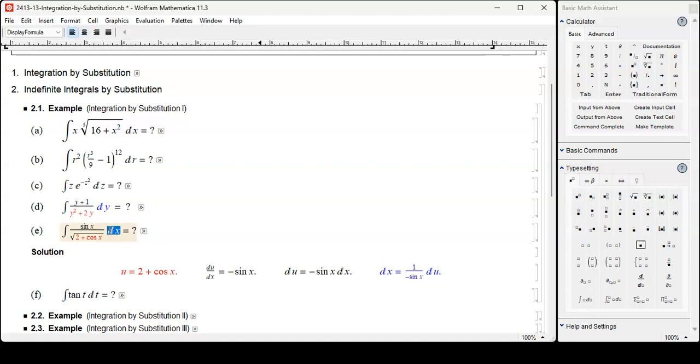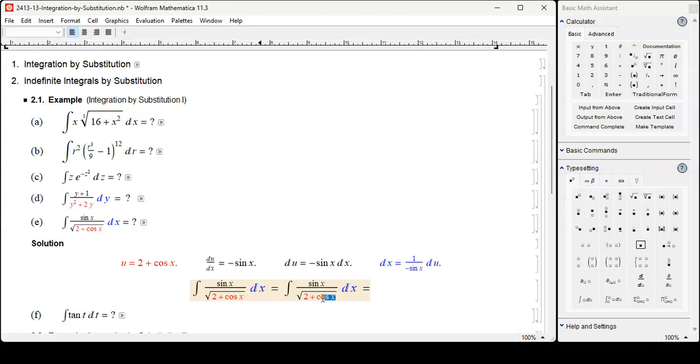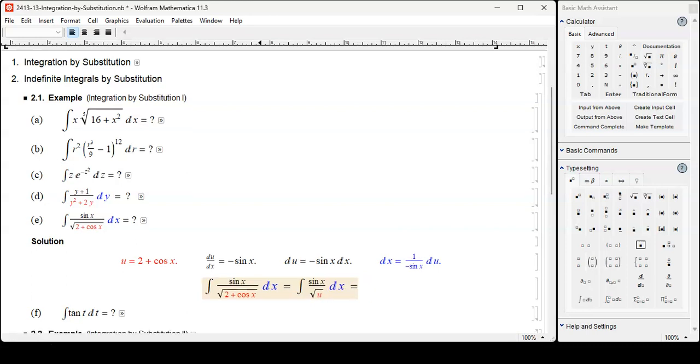So we both have these. Let's increase the font so that I can see things better. That's nicer when you have this fraction integral here. And this entire thing became u, and this dx is replaced by this quantity here.